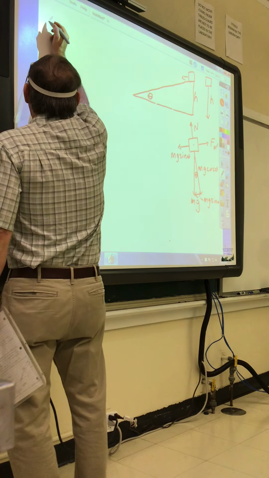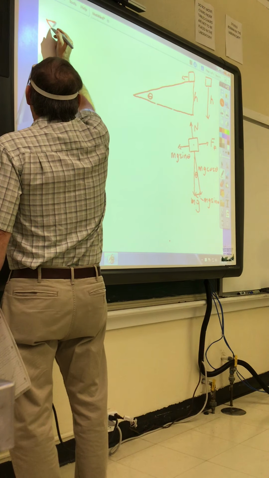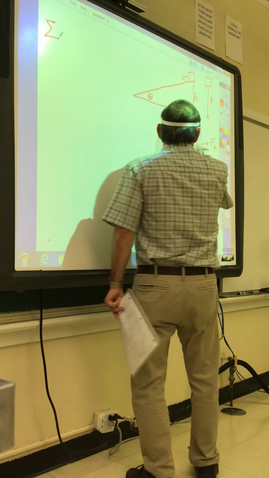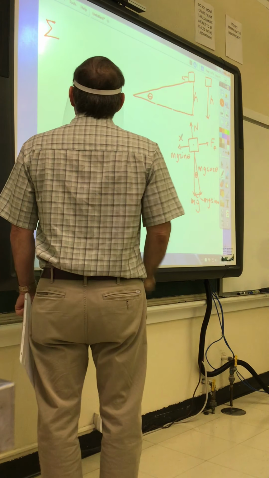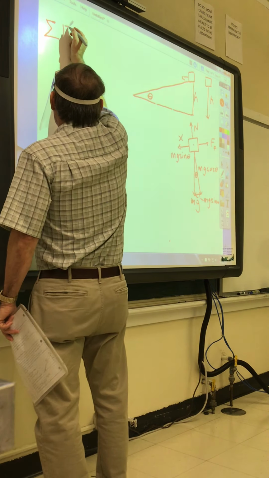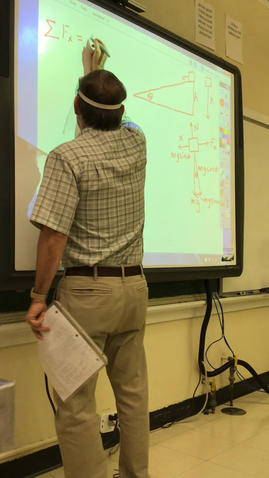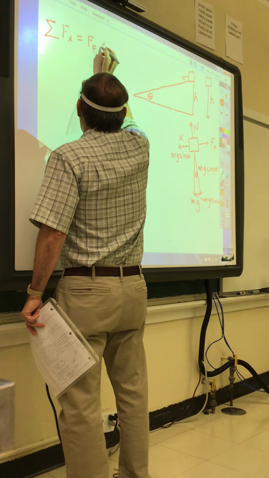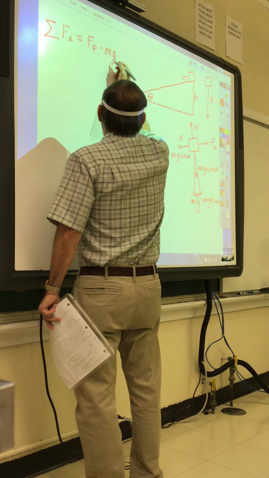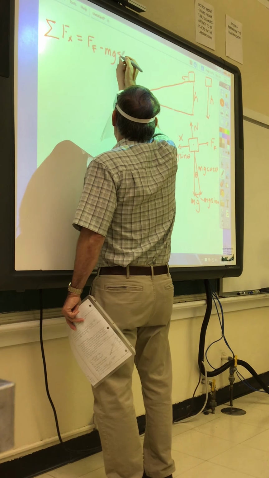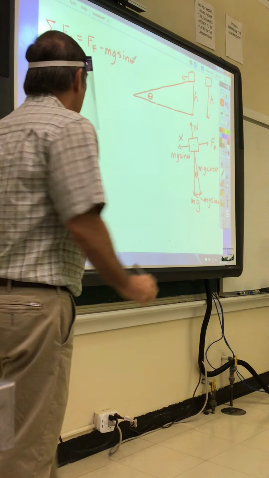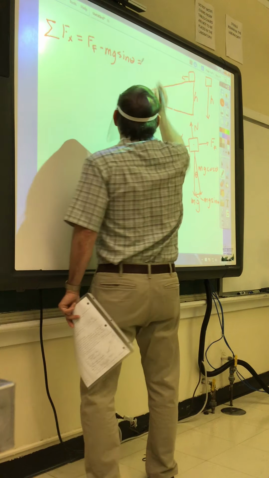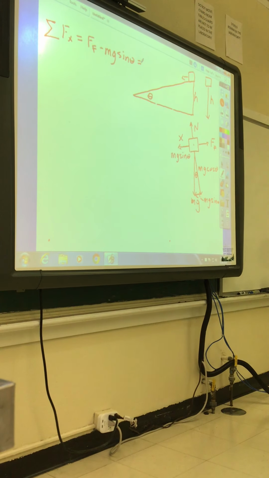Okay, so we'll call this the x direction. Forces in the x direction. Well, it's going to be the force of friction minus mg sine theta. Is this a first or second law problem?